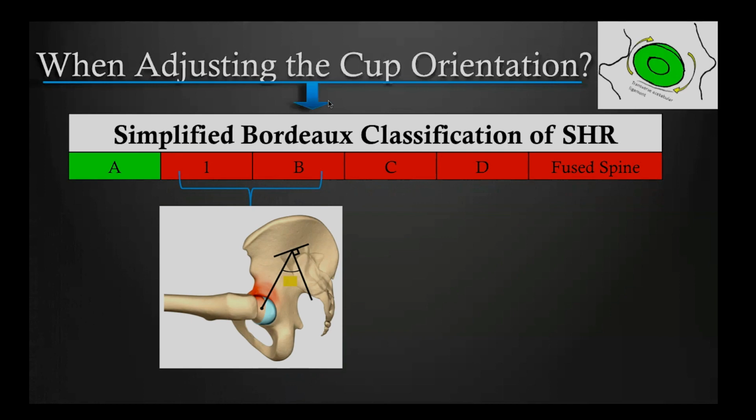Those patients have a very low pelvic incidence, and patients with low pelvic incidence have a very low lumbar lordosis, and therefore their spine is constitutionally stiff. In type B, the anatomy of the spine is normal, but the spine has poor sagittal kinematics. The pelvis does not sufficiently retrovert or posteriorly tilt when passing from standing to sitting position.